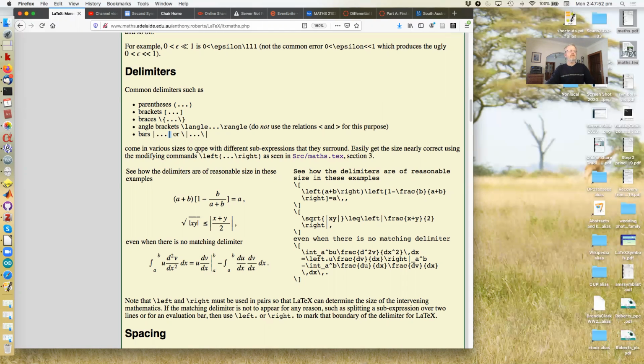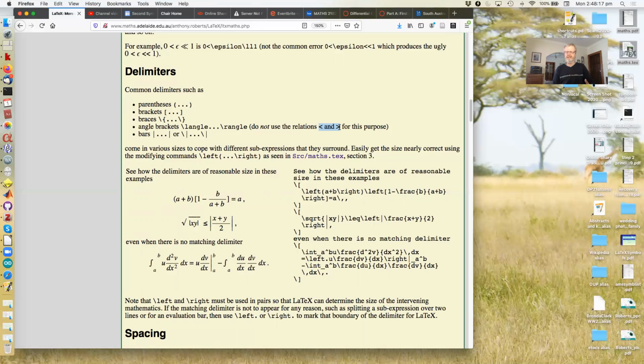Now, the thing about delimiters is, angle brackets are \langle and \rangle. Do not use the greater than and less than relations for this purpose, because LaTeX knows that they are relations, and relations are quite distinct from delimiters.